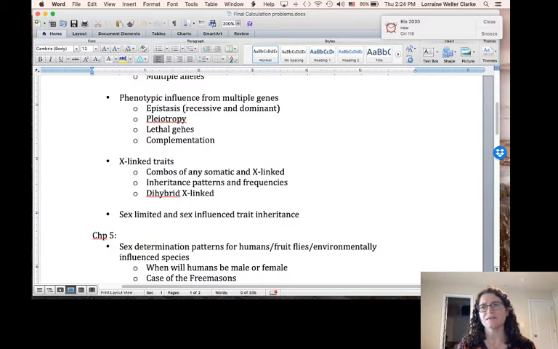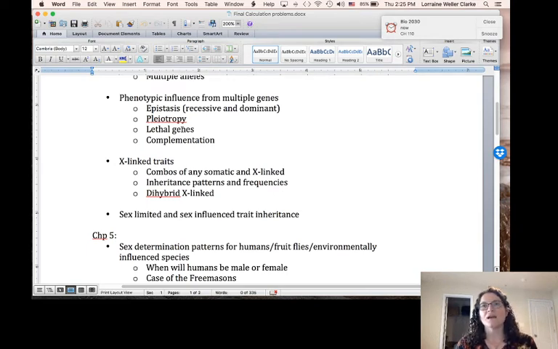So if I tell you a sex-limited trait, remember that no matter what the genotype is, only one sex can get it. A male could have the genotype to have hyperovulation, but because there's no ovaries, it won't happen.